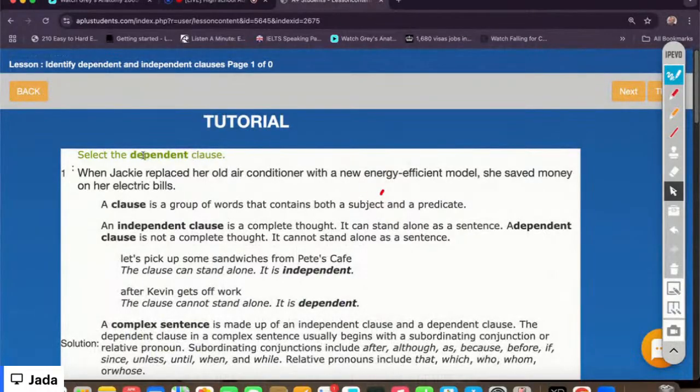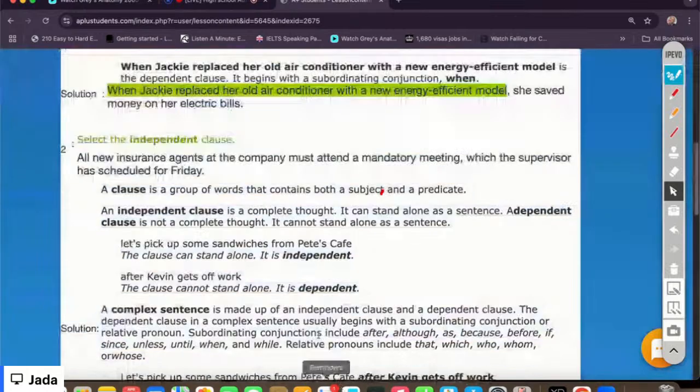Because here we'll be identifying dependent and independent clauses. So we have: when Jackie replaced her old air conditioner with a new energy-efficient model, she saved money on her electric bill. So you can see that it starts with when, which means that the when clause is the dependent clause.